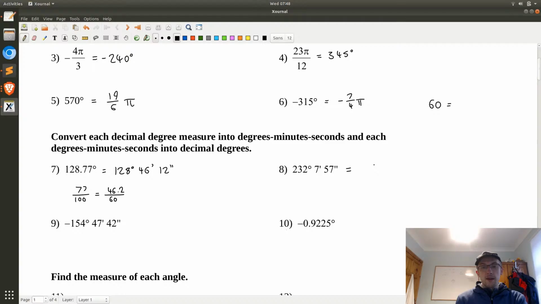Okay. 232 degrees, 7 minutes, 57 seconds, converted to degrees. You add 7 over 60, and then you add 57 over 3,600. That's what I think you do.